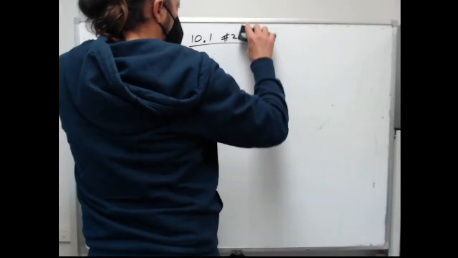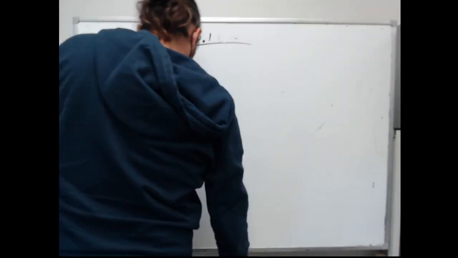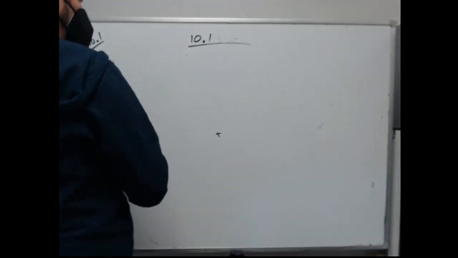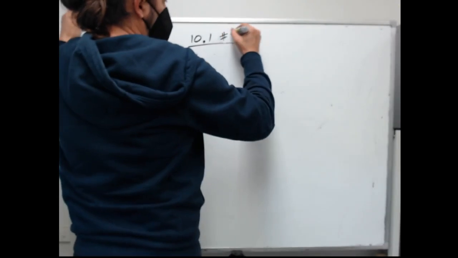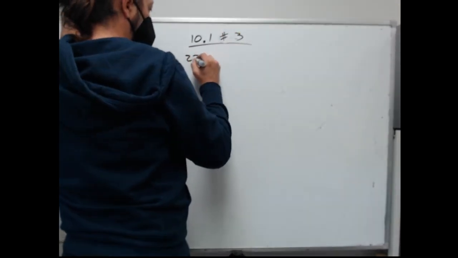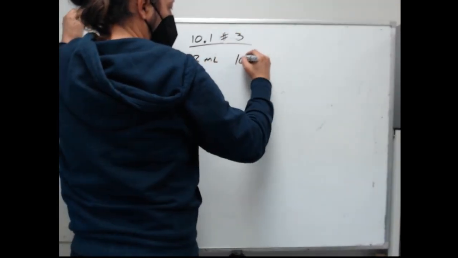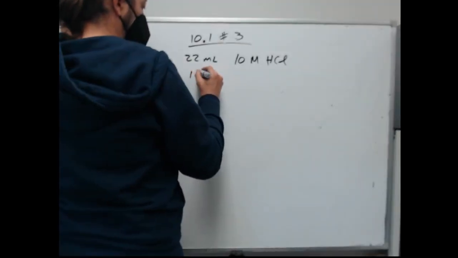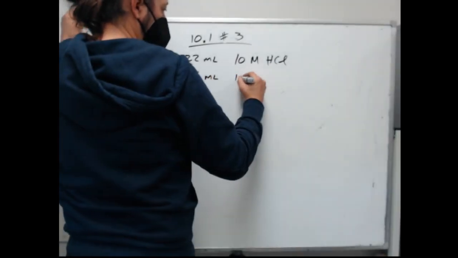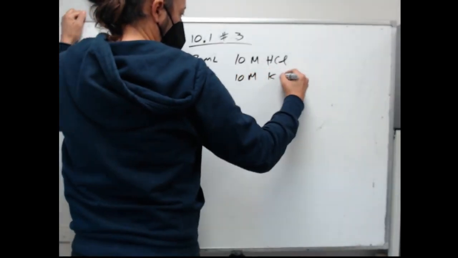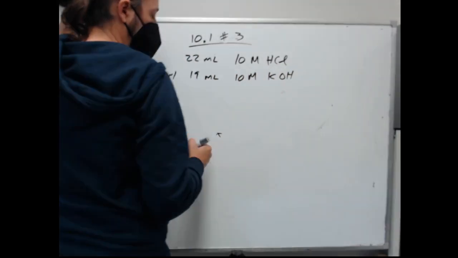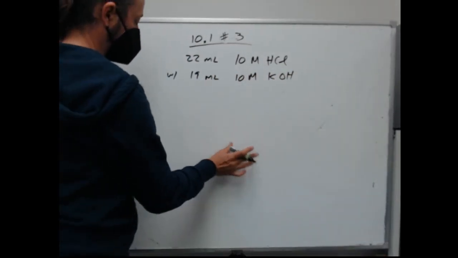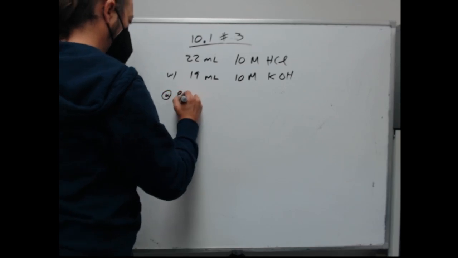Okay, so the third question is: we mix 22 milliliters of 10 molarity HCl aqueous with 19 milliliters of 10 molarity KOH aqueous. If both solutions are initially 85 degrees Celsius, how much water boils away?